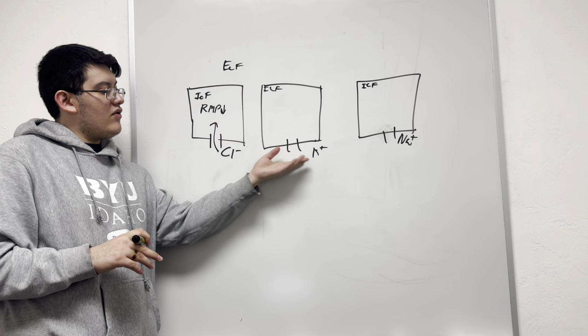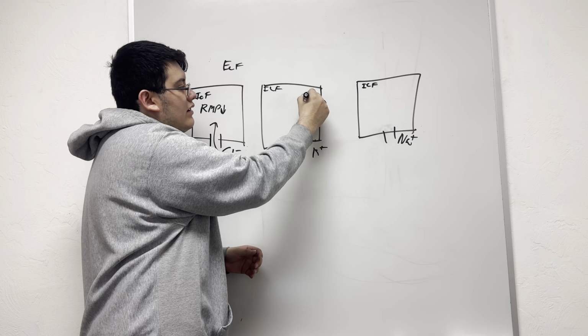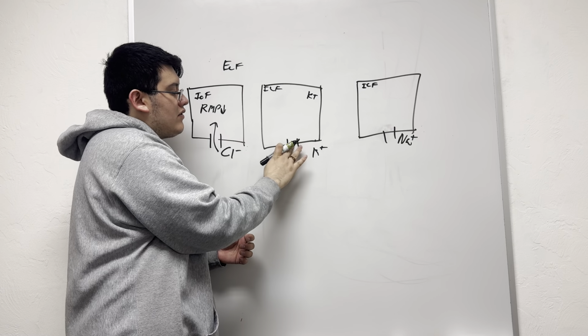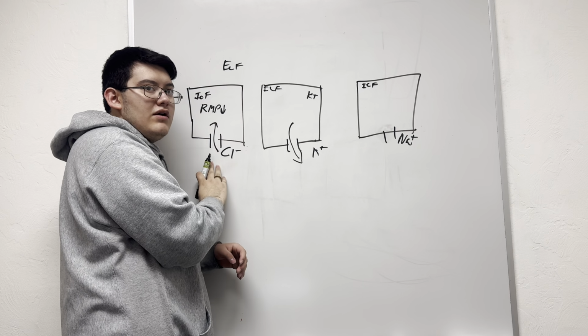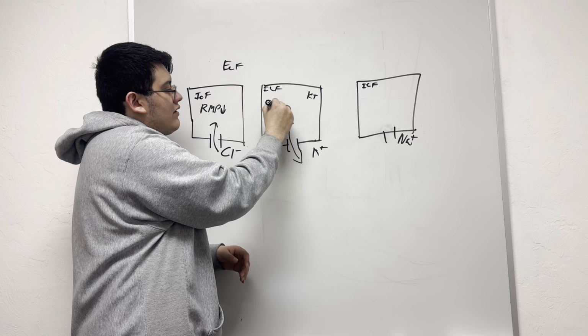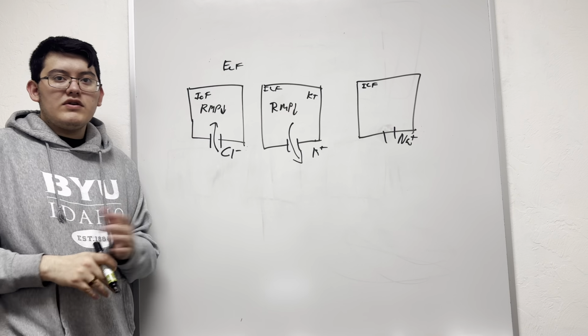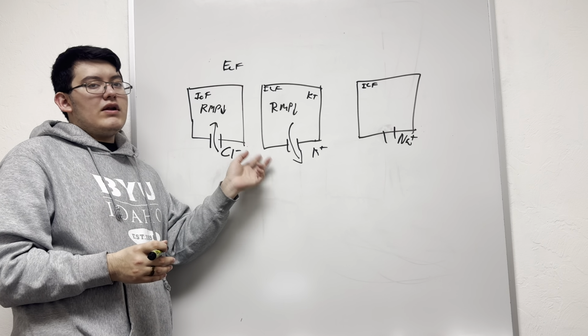So if we do that for something like potassium, that tends to be more inside the ICF of the cell. If we were to create a leak channel of it, it would actually rush out, unlike the prior example. This would also cause the RMP to lower, causing another hyperpolarization of the cell, because the potassium is leaving and the gradient is going down.